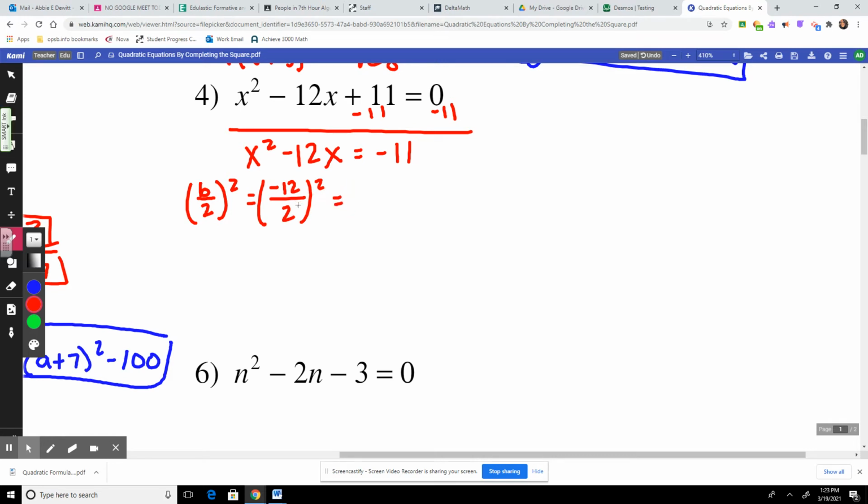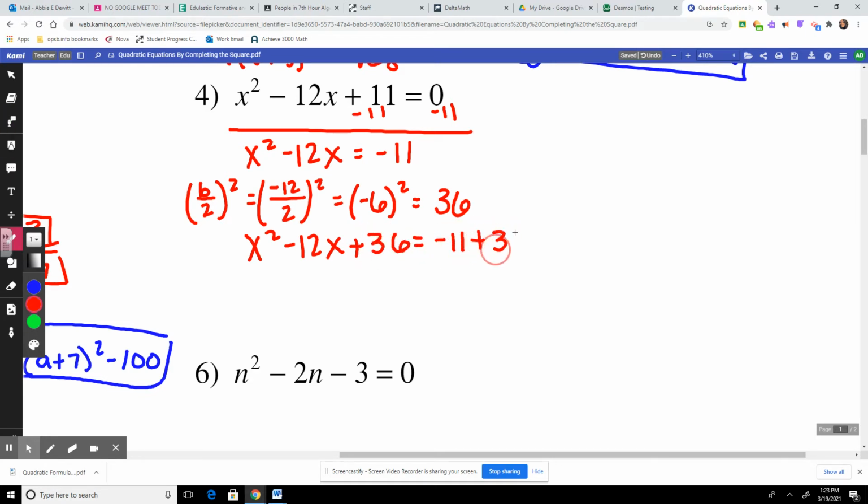Negative 12 divided by positive 2 is negative 6. And what is negative 6 squared? Positive 36. That is the value that I add to both sides. So I've got x squared minus 12x plus 36 equals negative 11 plus 36.